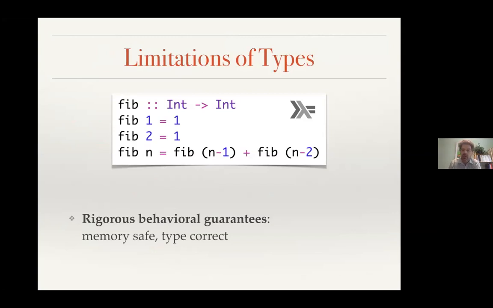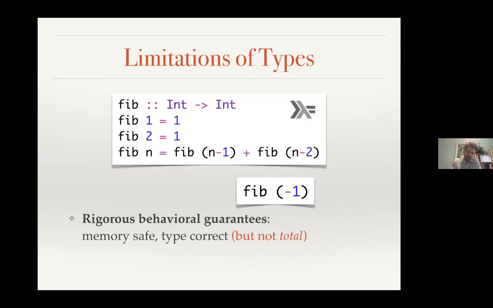So if we go back to this Haskell example, what it's telling you is that if we give fib an integer and the function returns, then we're guaranteed to get an integer back, okay? But it's not saying you're guaranteed to get a function back. So this specification here is not saying that it's total. And in fact, there's inputs that you can give it that will cause it to run forever.